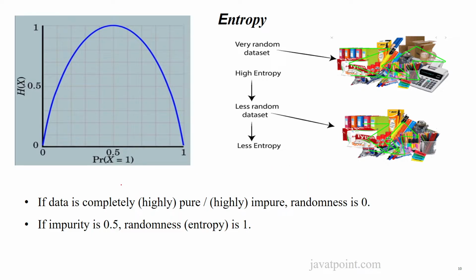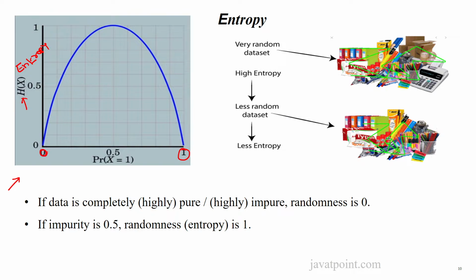So the entropy can be represented in the pictorial representation. Here, 0 is representing highly pure, 1 is representing highly impure. So in both cases, the randomness, that means entropy. So this is the entropy, right? Y-axis is entropy, x-axis is purity.